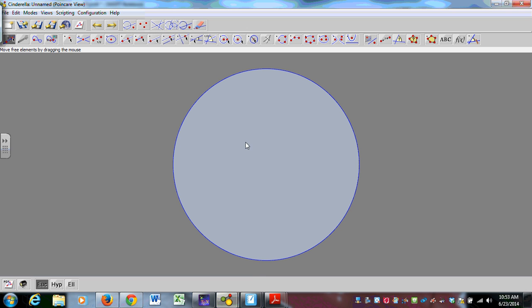So consider the following. You take some line, like so, and you're in the hyperbolic plane, and you take some segment like this, and you want to reflect this segment over that line. Well, you can do that.